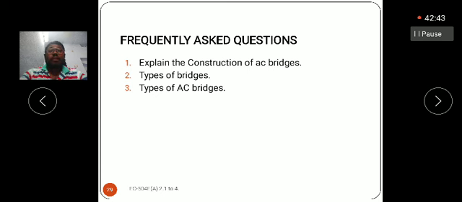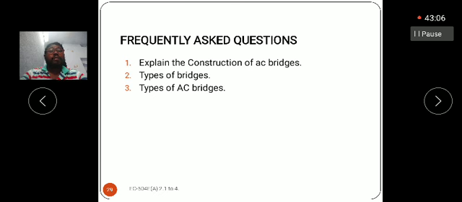And also in the short questions, like write the uses of the Anderson bridge, write the uses of the Schering bridge. We have different ways of asking questions in the examinations, based on the division of the question paper.